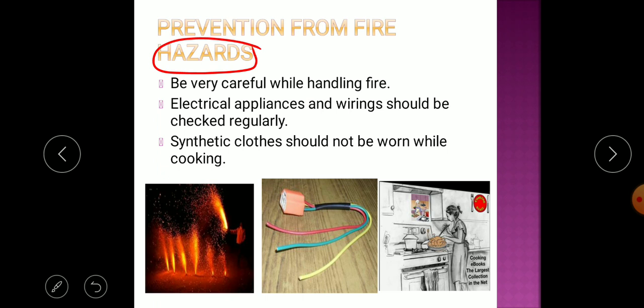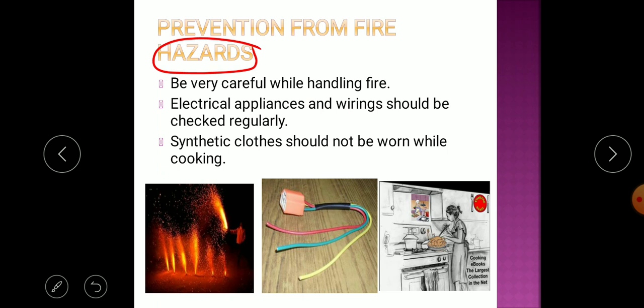First thing is you have to be very careful while you're handling fire, whether it is in the form of a candle or a firecracker, or if you are working in the kitchen, or if you are burning matchsticks. Secondly, electrical appliances and wirings of your homes should be regularly checked. And if they need maintenance, it should be provided regularly. Otherwise, they can result in fire.